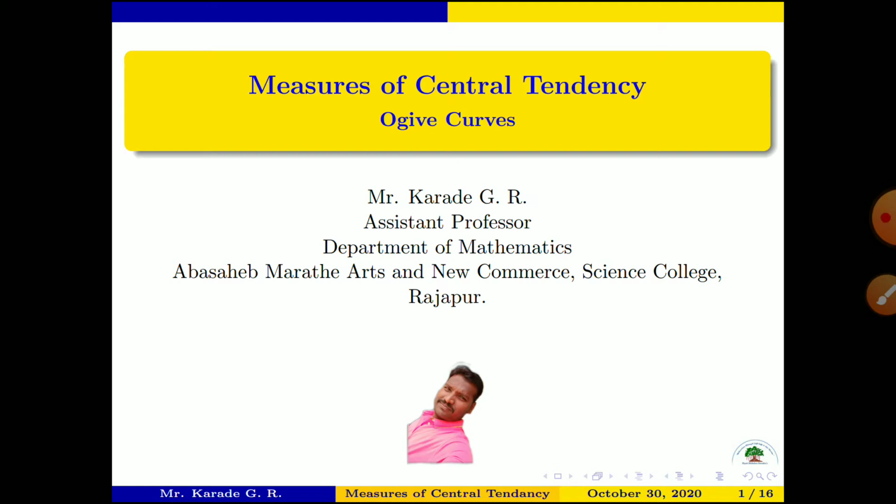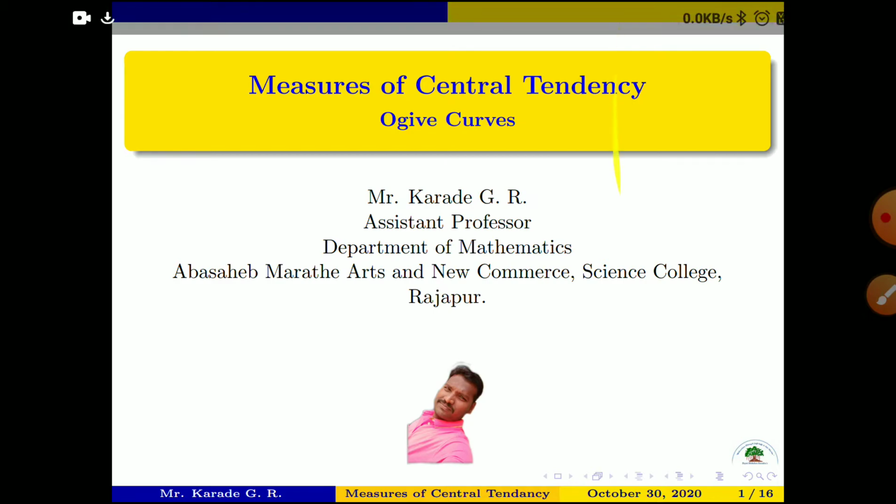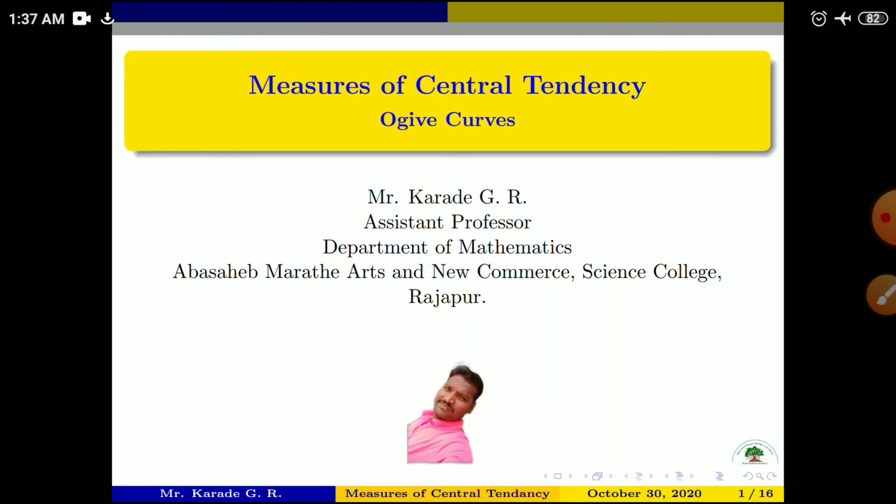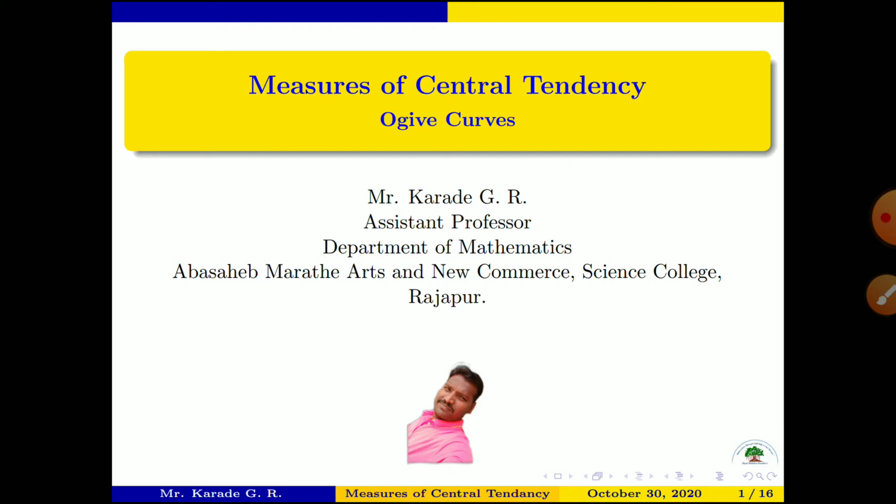In this lecture, we learn about measures of central tendency and we study the Ogive curves. In the previous lecture, we studied how to construct an Ogive curve for a frequency distribution.